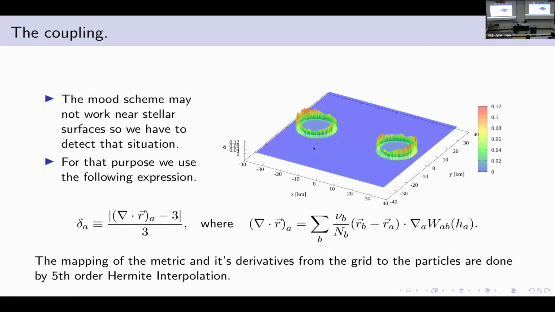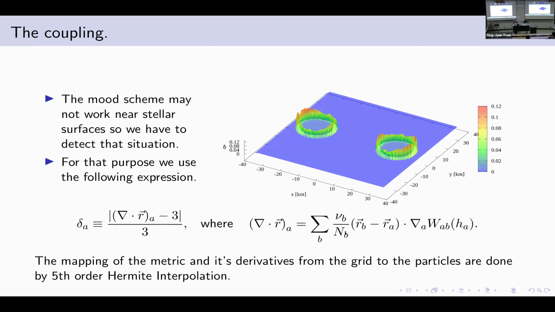So we, in addition, also add a scheme to detect the situation when we are near the surface of a star, by essentially using our SPH information on the particles to evaluate the gradient of the radius to the power -3, which should be 0.